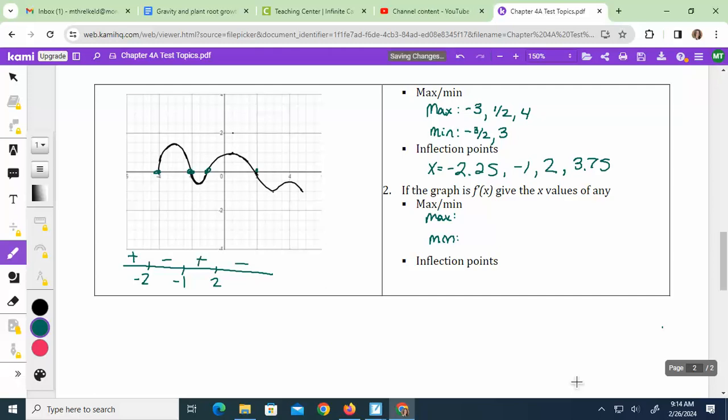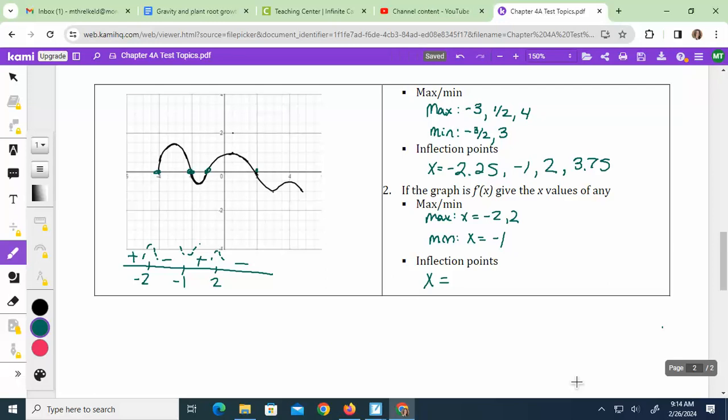So your maxes happen when you go from positive to negative, increasing and decreasing. So we have a max when x is -2. At -1, that was a min. +2, increasing, decreasing again. Did you guys get those? Then inflection points are when the second derivative is 0.